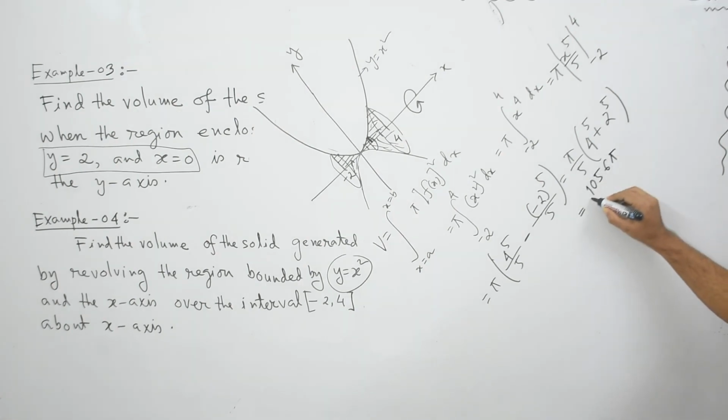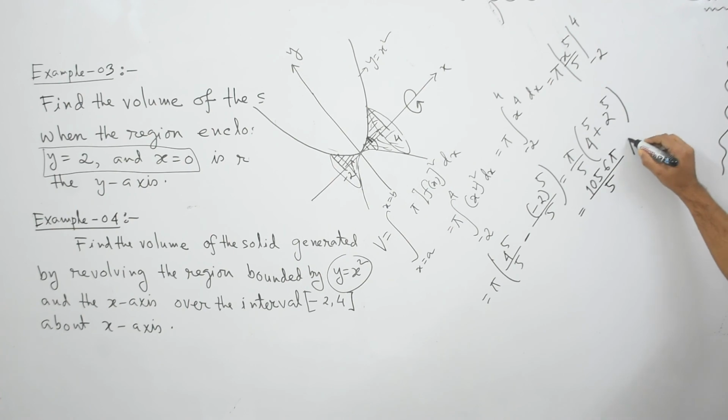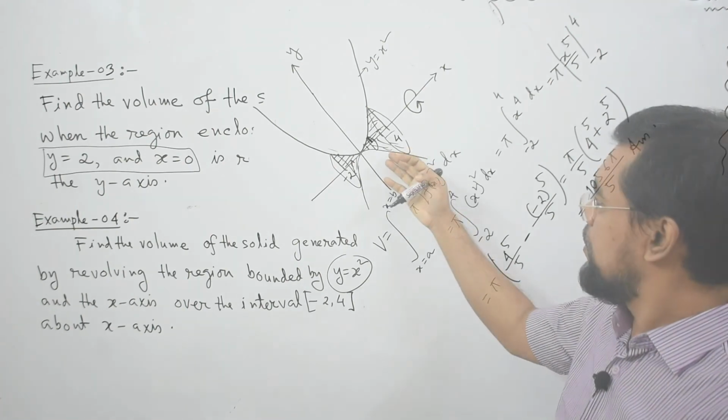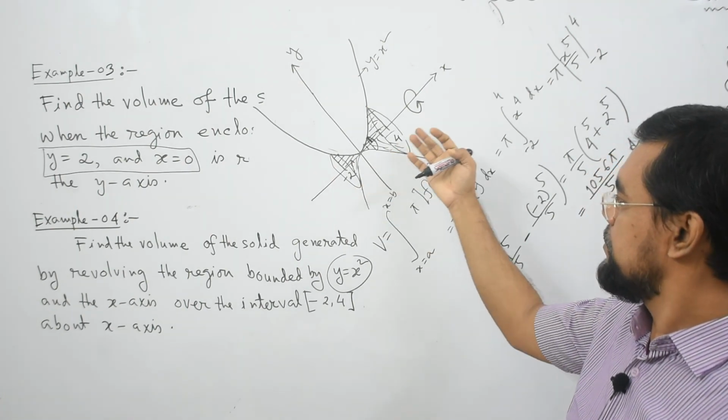That is 1056 pi by 5. So this is the volume of this solid from minus 2 to 4.